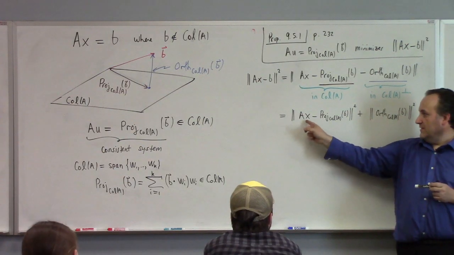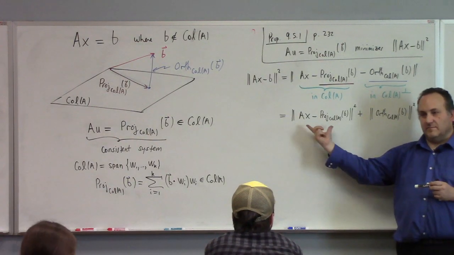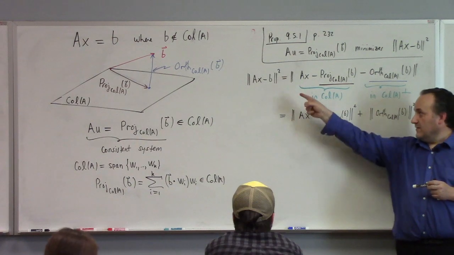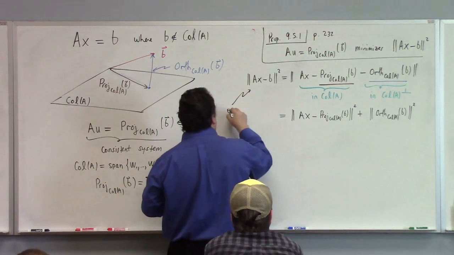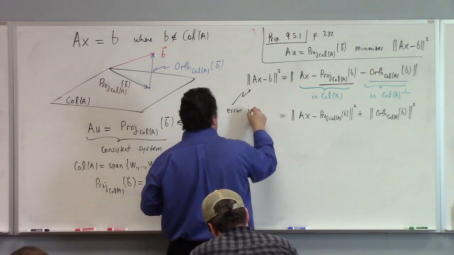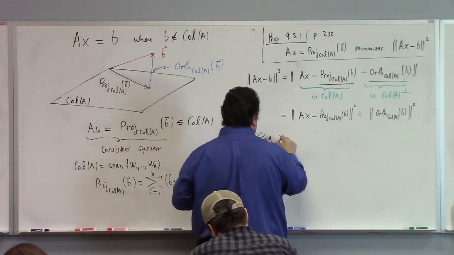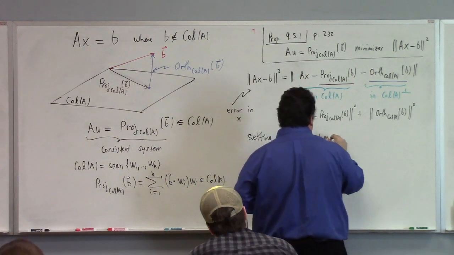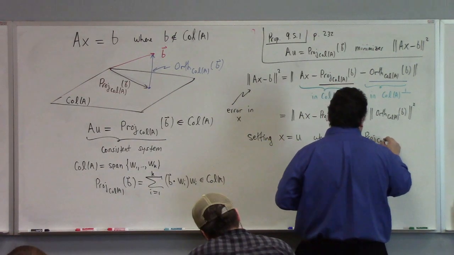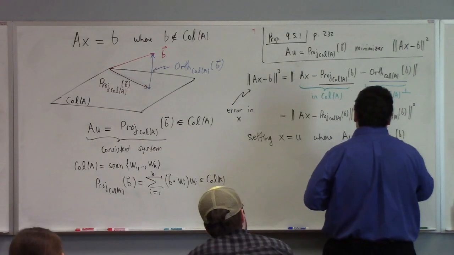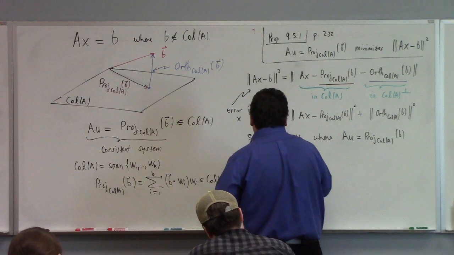If I put X equal to U, where AU equals the projection onto the column space of A of B, that makes this 0, which makes the error, this is the error in X, minimal.